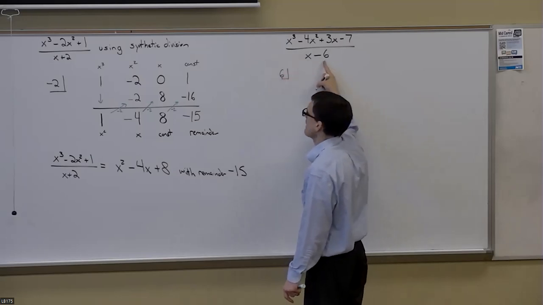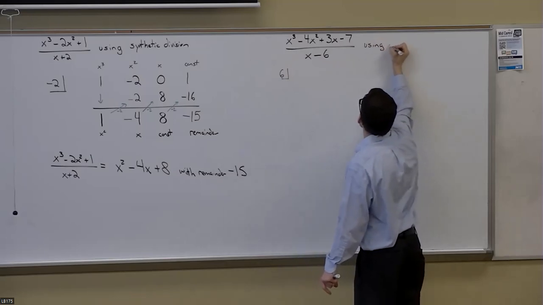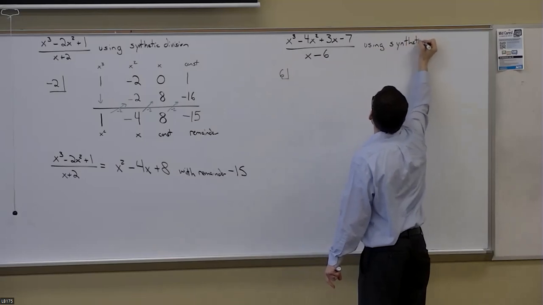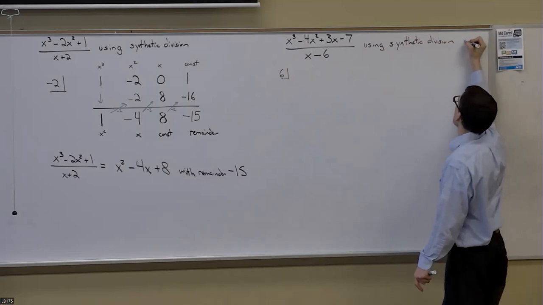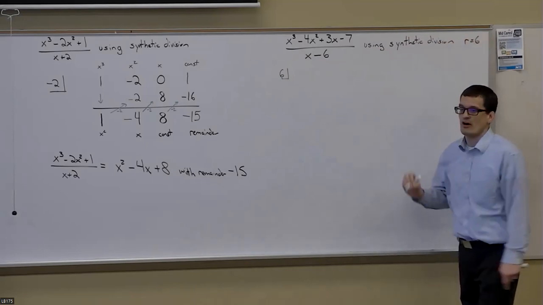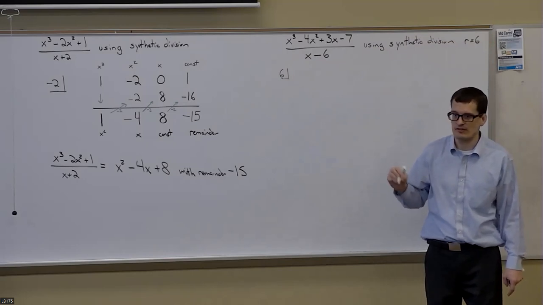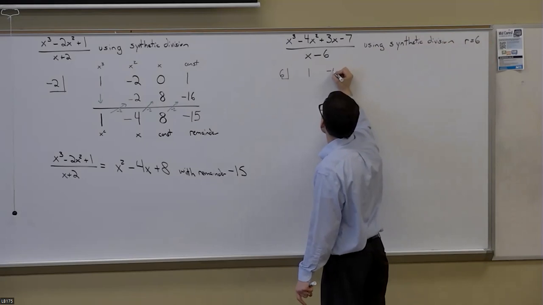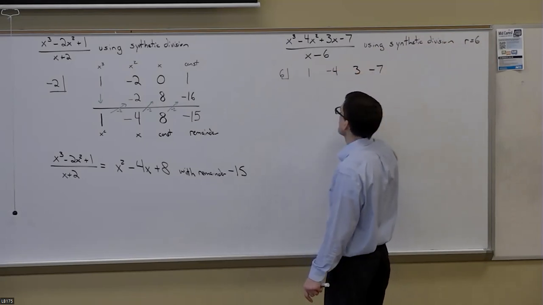So we're dividing by x minus r. And my r here is a 6, right? Because it's always x minus r. Gotta be very careful about that. 1, -4, 3, -7. Those go in order.